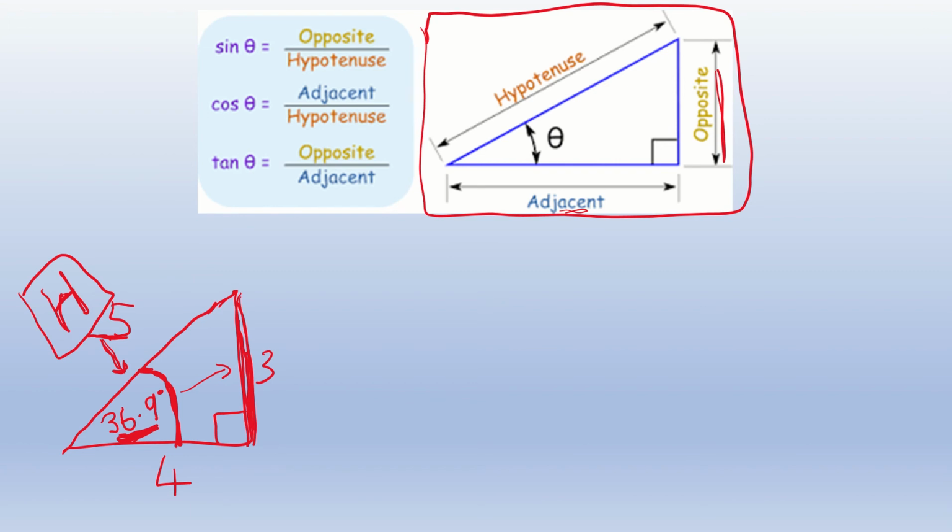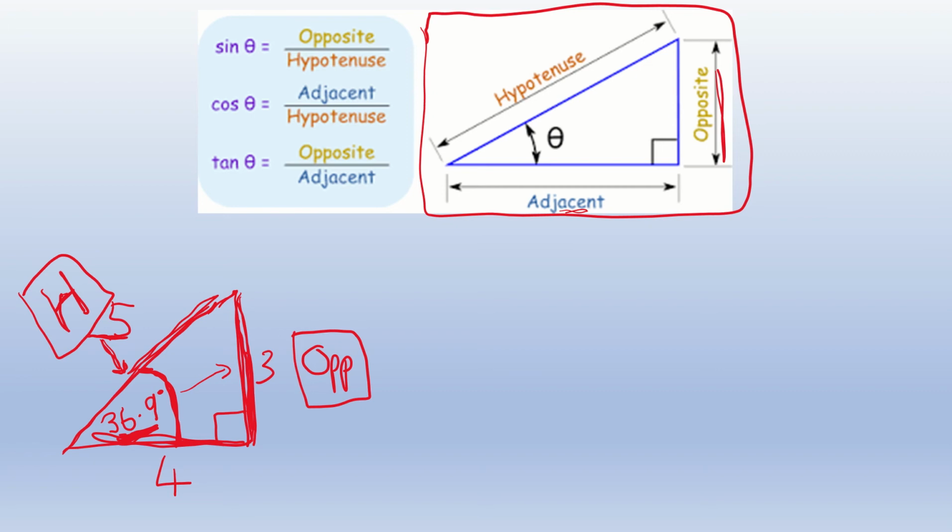The angle 36.9 is made up of the side labeled 5 and the side labeled 4. So the side opposite your angle is 3, and I'm going to label that opposite, OPP. And I'm just going to put it OPP because if I put it as O, you might think it's 0, and then that would make no sense because you can't have a triangle with one of the sides which is 0.